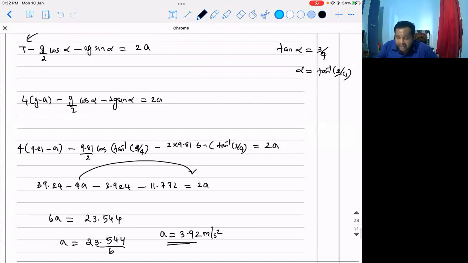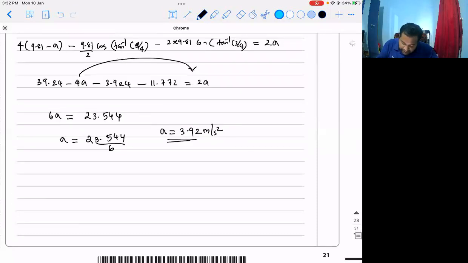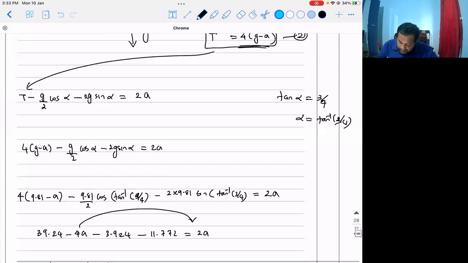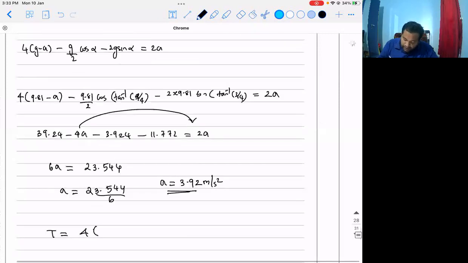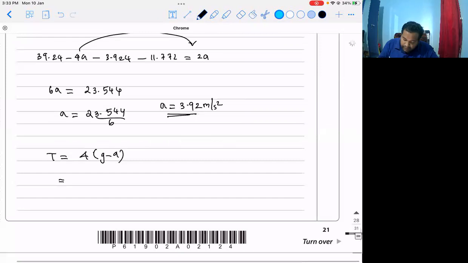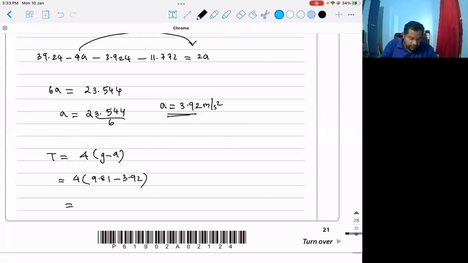What does this acceleration help us with? They are asking for the tension. Tension is nothing but what we have already derived in an equation: 4 times (g minus a). So substitute 4 times (9.81 minus 3.92).